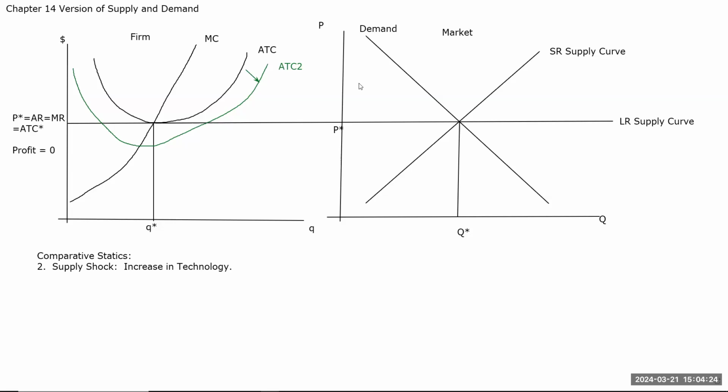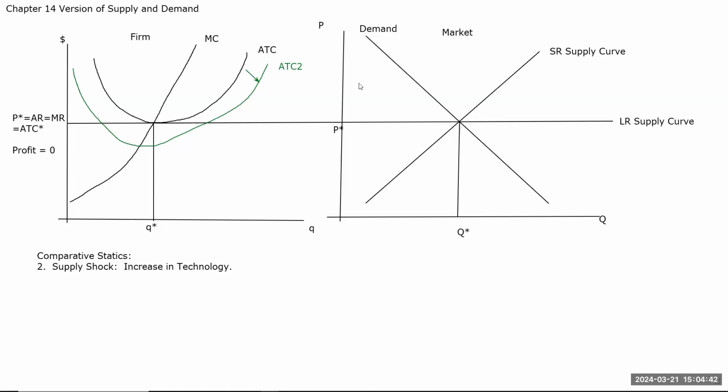Why? Because when you increase technology, it allows you to produce things cheaper. So the per unit cost of producing pizza, TV, whatever, falls.